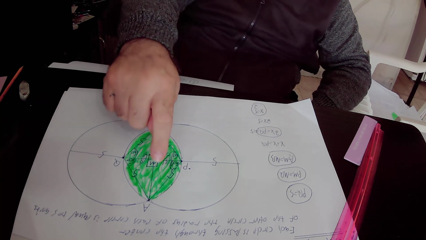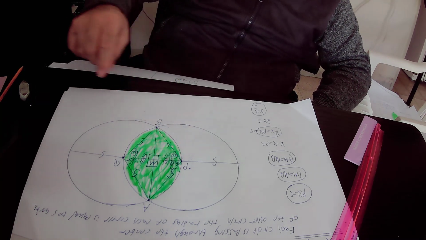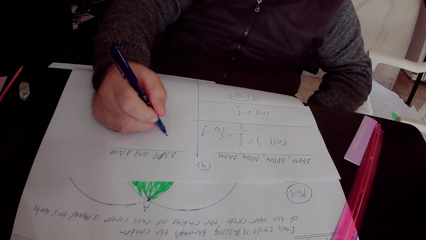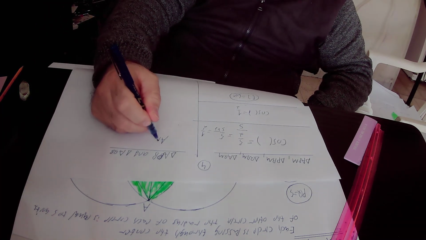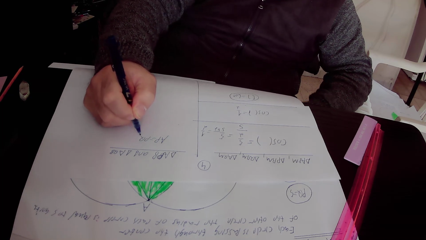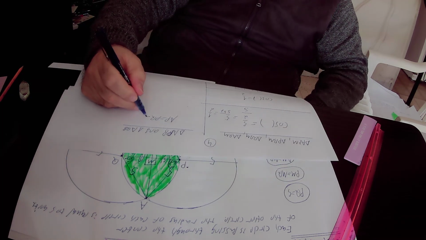First of all, we know that AP equals PQ, and they are both equal to 5 units.